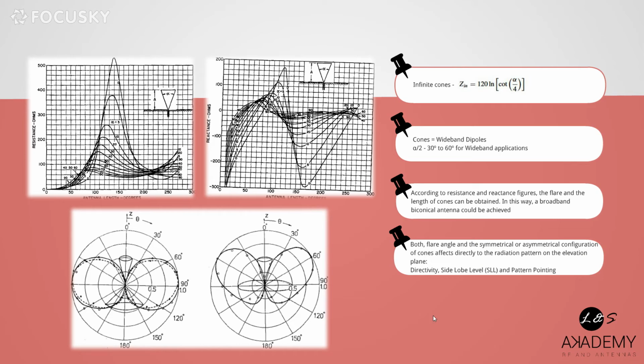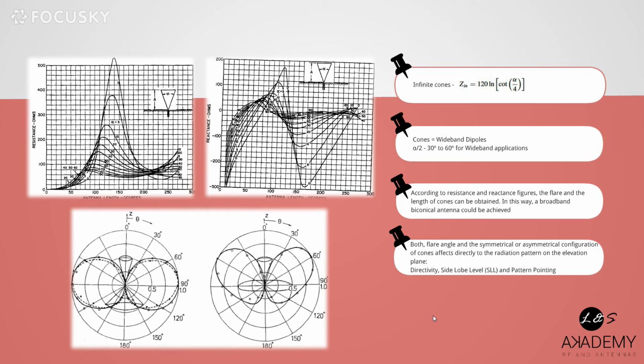Secondly, remember, talking about cones is the same as talking about wideband dipoles. And for that wideband effect, you should use a flare angle over 2 between 30 and 60 degrees. That's for wideband applications. Remember that.